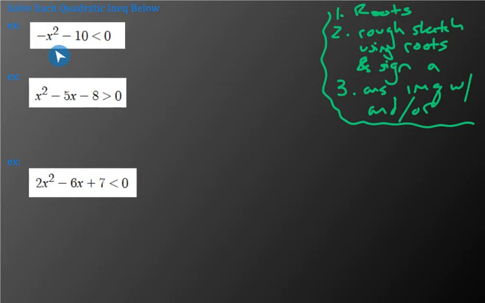Typically, I like to get A to be positive, but this one is already pretty simple, right? Because you literally just have an upside down quadratic shifted down 10. So you've got something like that, where that's negative 10. If we were asked when is that quadratic less than 0, it's true for all real numbers, so you can just put the all real numbers symbol.